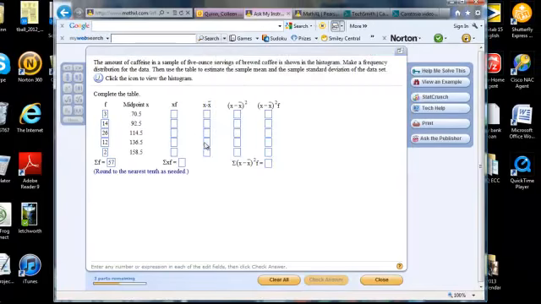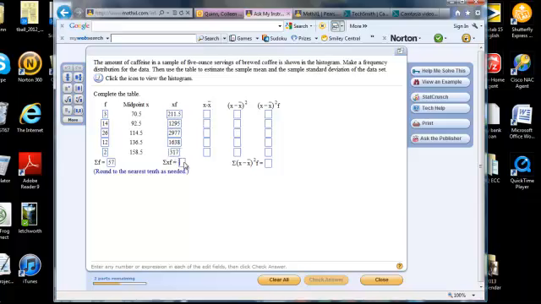And I'm going to continue doing that math down the column. So there's 211.5. 14 times 92.5 is 1,295. 26 times 114.5 is 2,977. 12 times 136.5 is 1,638. 2 times 158.5 is 317.